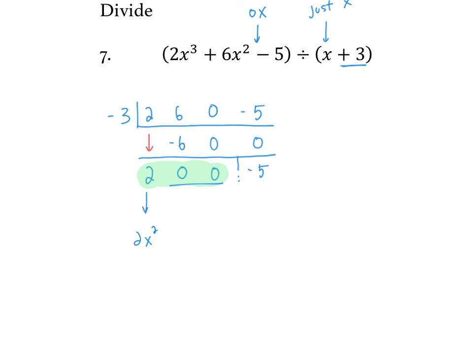You don't do 0 plus 0x plus 0. You don't do that. And then just remember this remainder. Since that's a negative 5, you'll do minus 5 all over x plus 3. You do x plus 3 because that was the original divisor. That always goes on the bottom of the remainder.